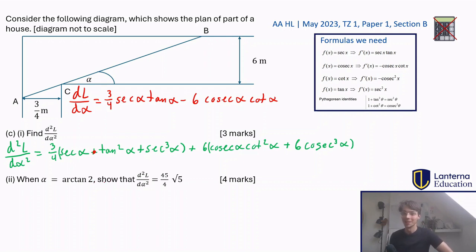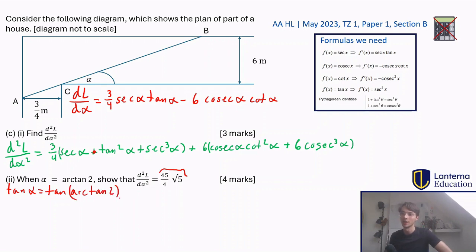Speaking of not wanting any neat answers, take a look at part II, where we have to show that when alpha equals arctan 2, the double derivative is equal to this mess. Okay, let's have a look then. If alpha equals arctan 2, what is tangent alpha? Well, that would be tan of arctan 2.